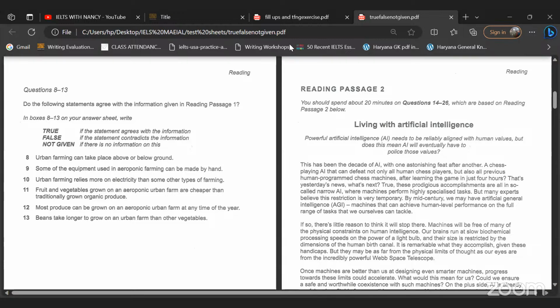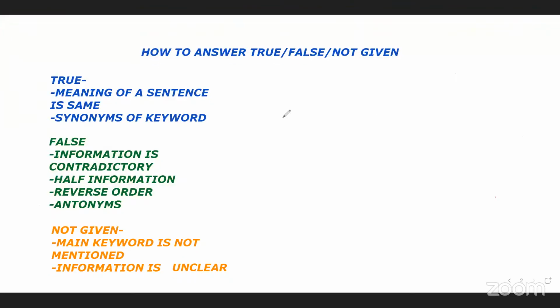So next strategy you can also include in this. These are the conditions for how you need to do it. You are given a statement. You need to underline the statement and divide it into 3 parts: first part, second part, and third part.